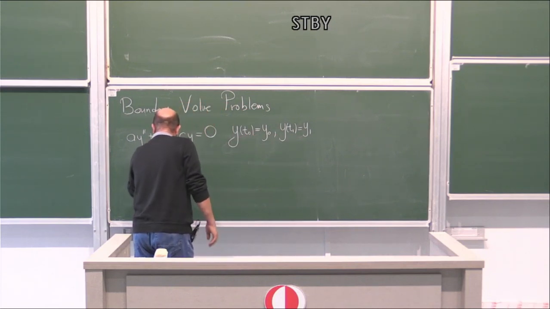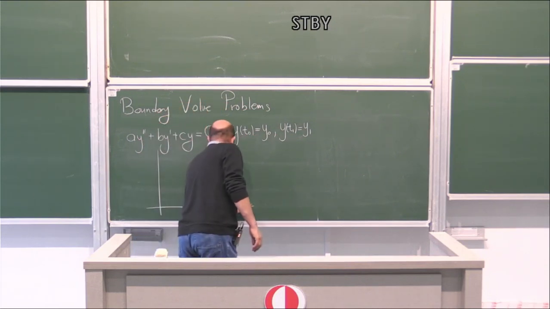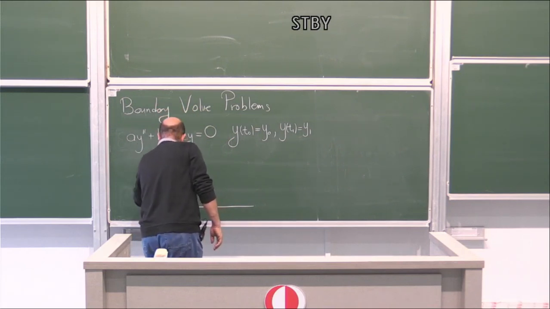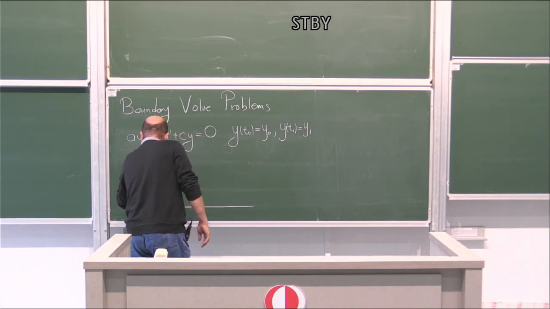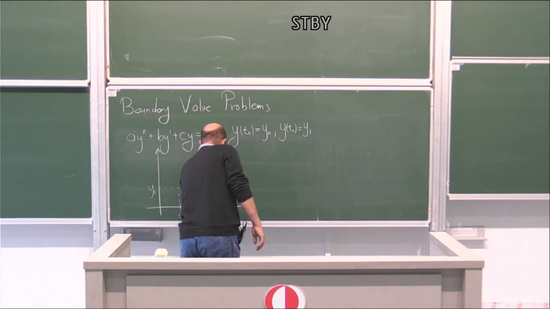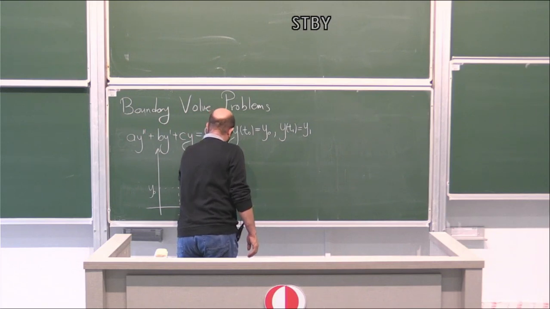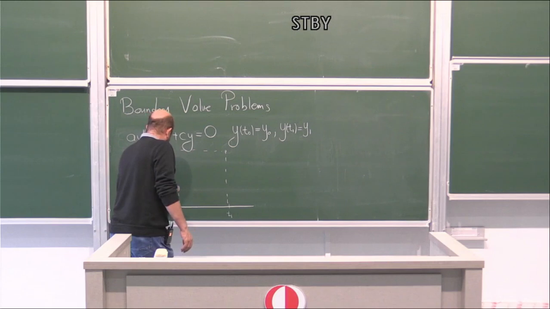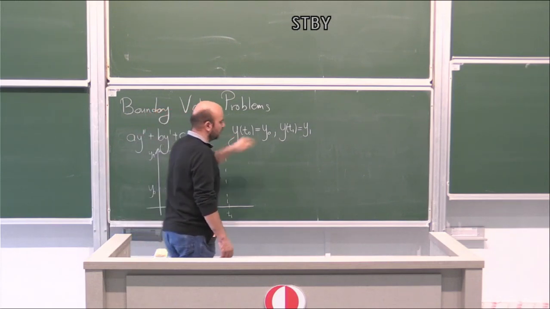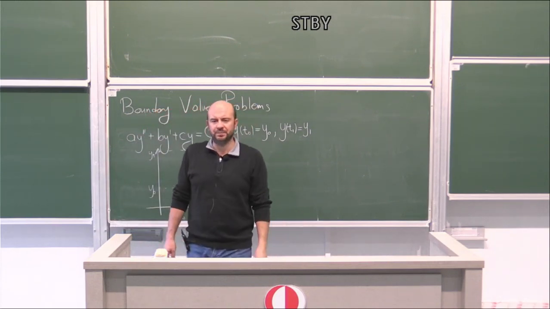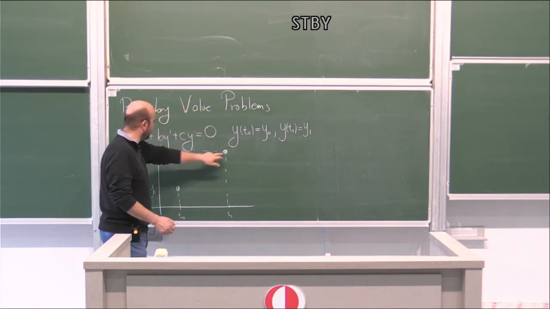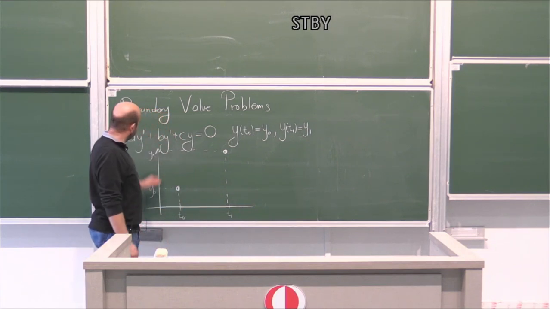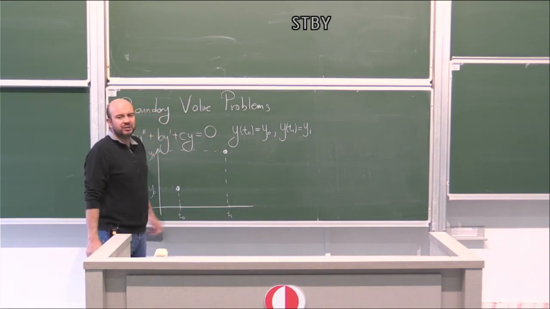So what is this problem telling me? I'm giving you two values, t0, y0, and t1, y1. Basically I give you two points, and I'm looking for a function which will pass through this point and this point, and in the middle it must satisfy the given differential equation.